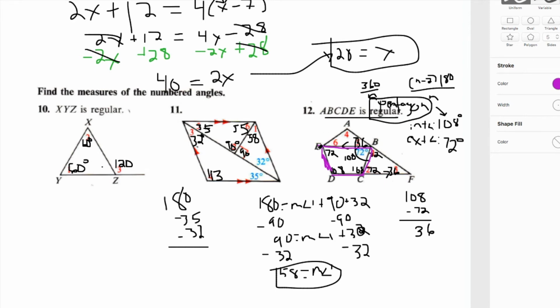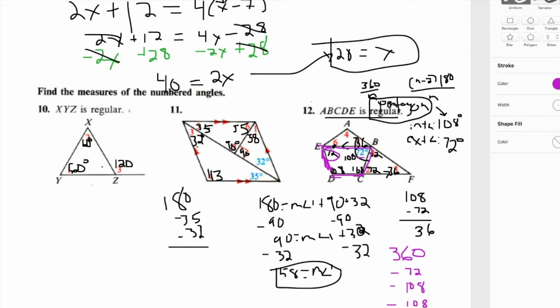So we know because a quadrilateral's interior angles sum to 360. So that means that this angle here that we didn't know originally, we would just take away the other angles from it. We had 72 degrees here, and then we knew that that's 108 and 108. So if we subtracted those from 360, we would get the angle measurement for angle DEB, which is 72, right? 72 as well.